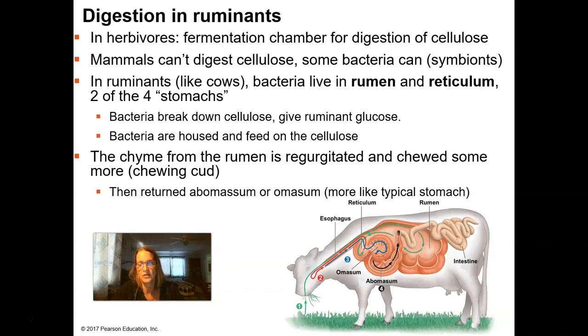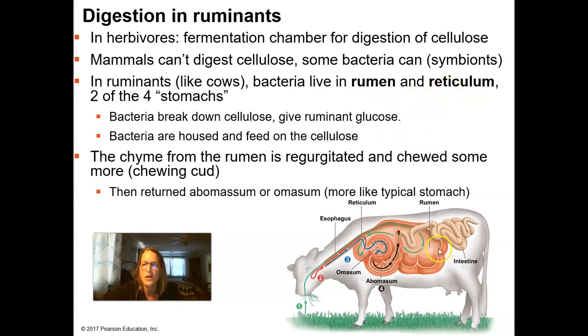But because cellulose takes so long to digest, and because it's so hard to digest, sometimes there has to be multiple chambers for this to take place. So in ruminants, the bacteria live in 2 of 4 stomachs that cows have, or that ruminants have. They live in the rumen and the reticulum. So these are the names of the 2 stomachs where the bacteria live.